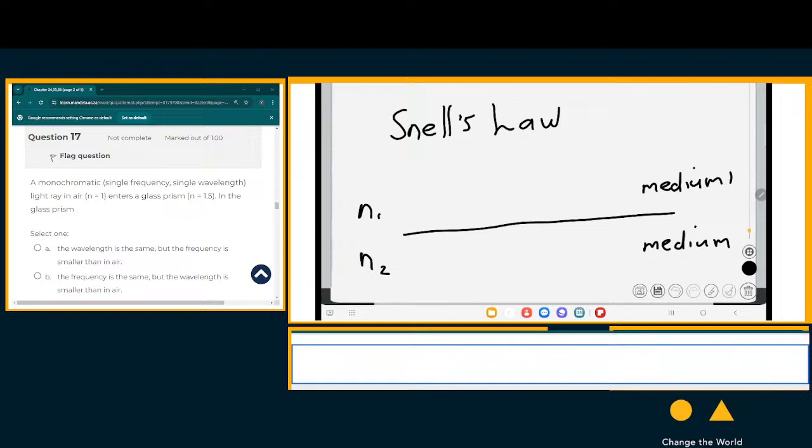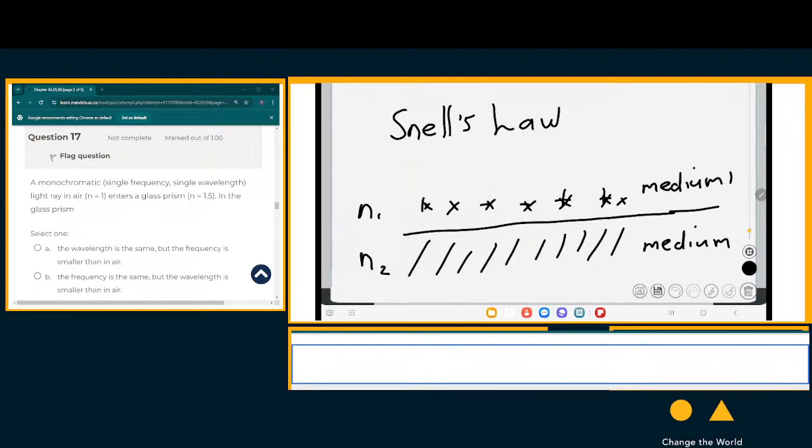These are two different media. They must be optically transparent. Light must be able to travel through them.